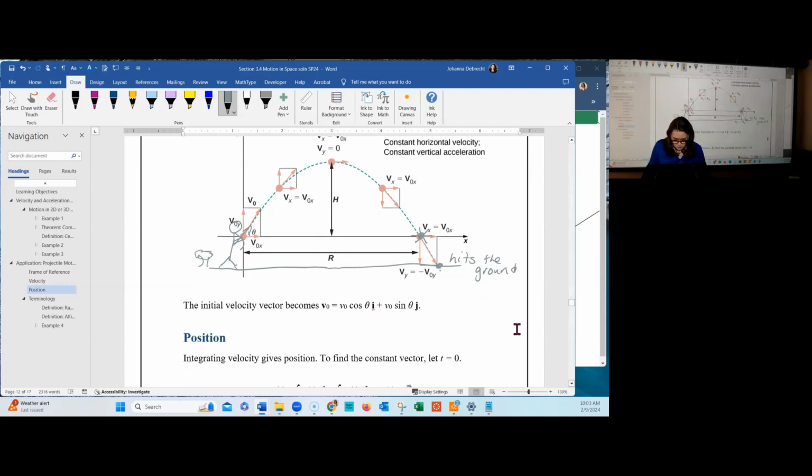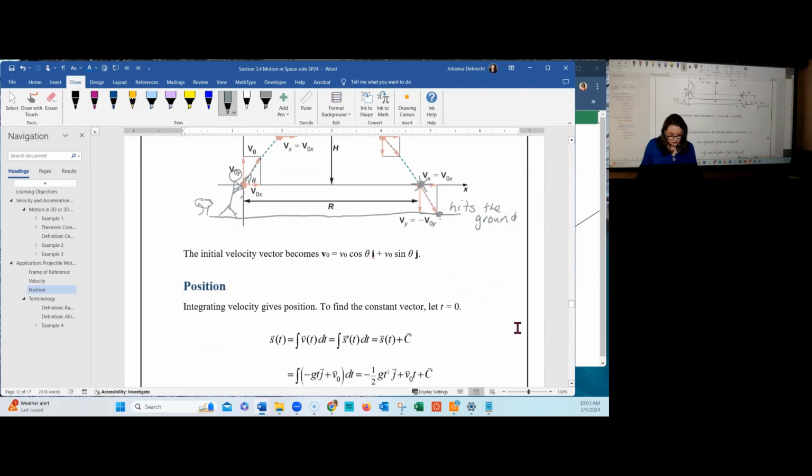All right, so we're breaking our initial velocity into two components: v naught cosine theta in the i hat direction, and v naught sine theta in the j hat direction. That's because our arrow is shot at an initial angle of theta, and this forms a right triangle with a right angle right here. v naught is the hypotenuse, and the sine of the angle is opposite over hypotenuse.